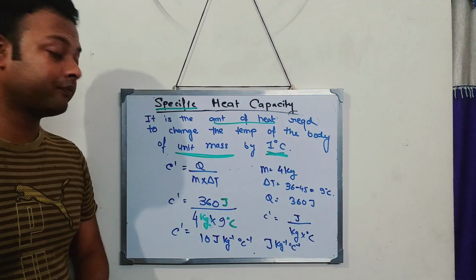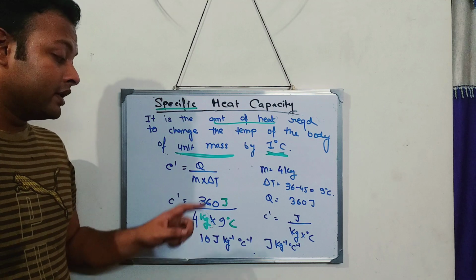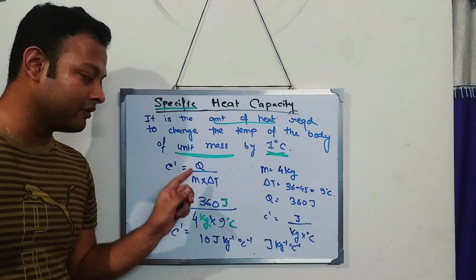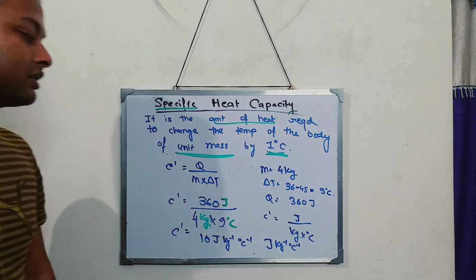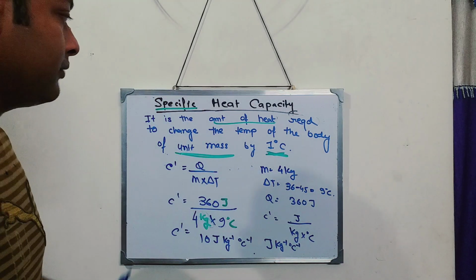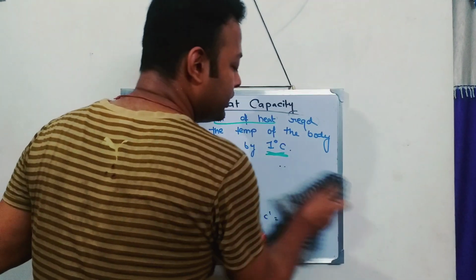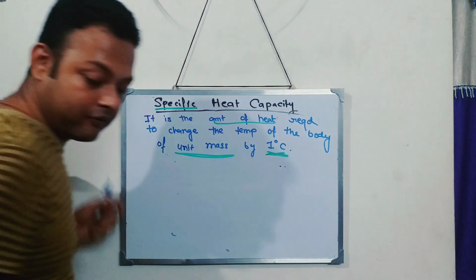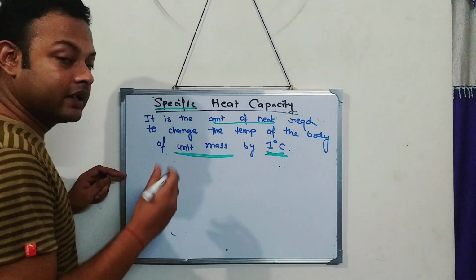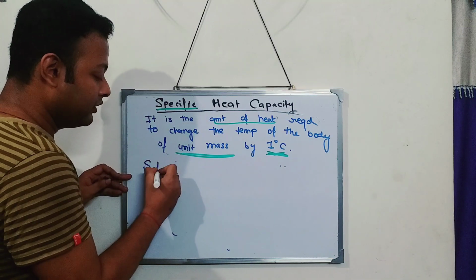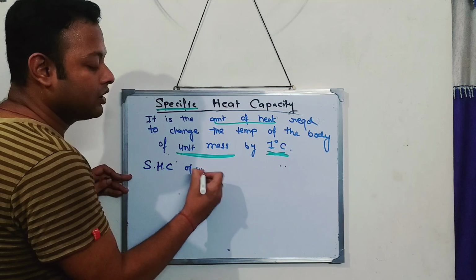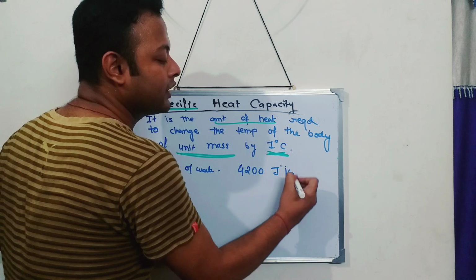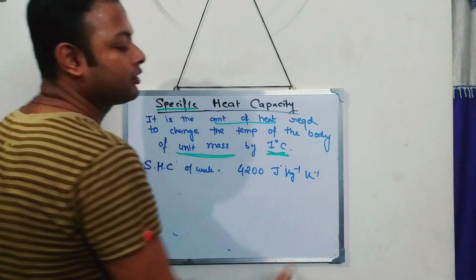So this is specific heat capacity. Now see, does specific heat capacity depend on mass? Although we have a mass in the formula, does it depend on mass? I have stated every body has its own specific heat capacity. For example, the specific heat capacity of water is 4200 joule per kg per Kelvin.